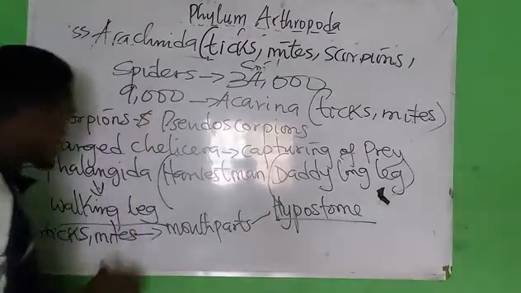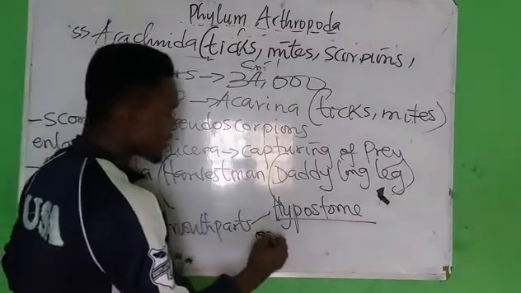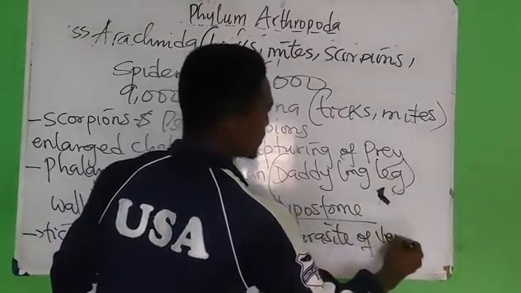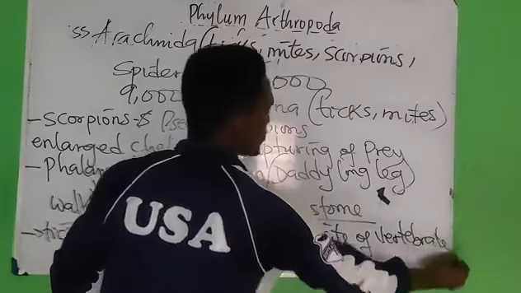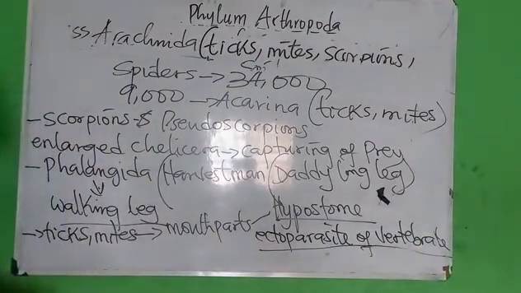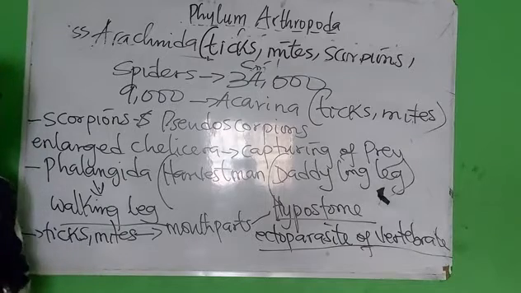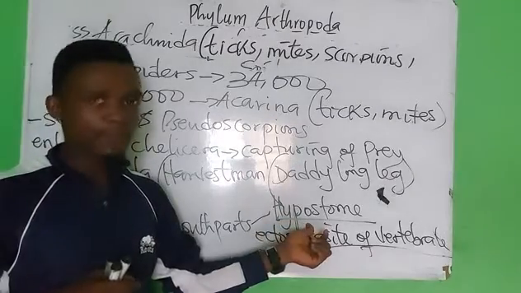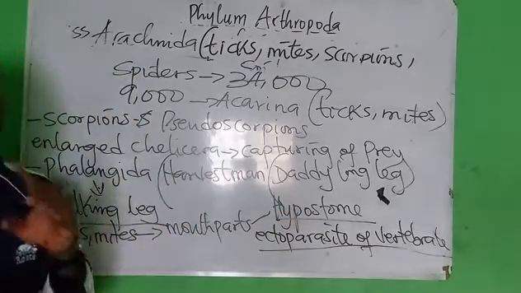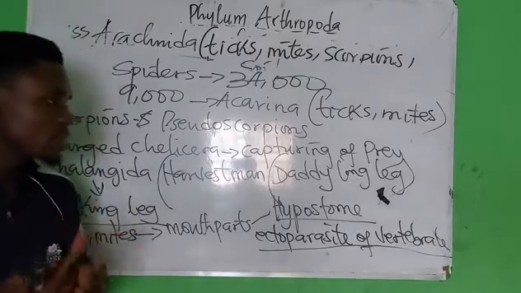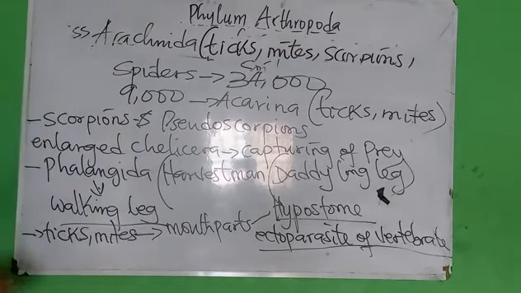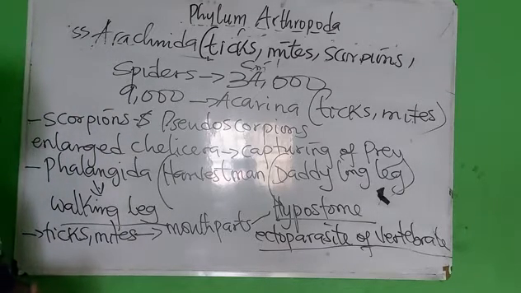You would also agree with me that ticks and mites are ectoparasites of vertebrates, animals with backbone. Also note that in certain diseases caused by some pathogens, ticks and mites can act as vectors. I believe I'm done with this.